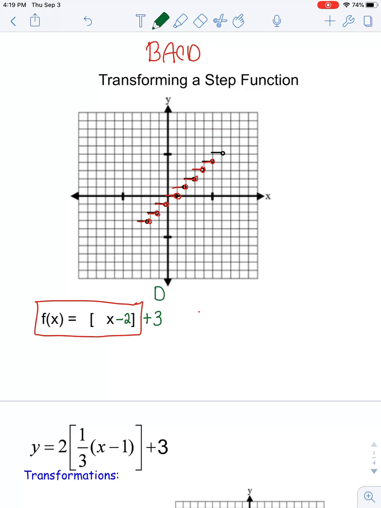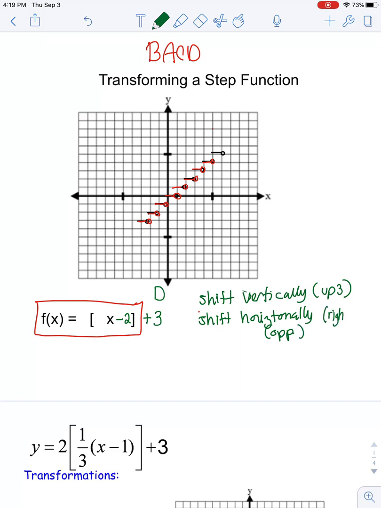Remember that these are shifts, so this is going to shift the graph vertically by 3. In other words, it's going to go up 3, and then it's going to shift the graph horizontally. However, remember that this one, we go the opposite. So this is going to move it to the right 2 units.